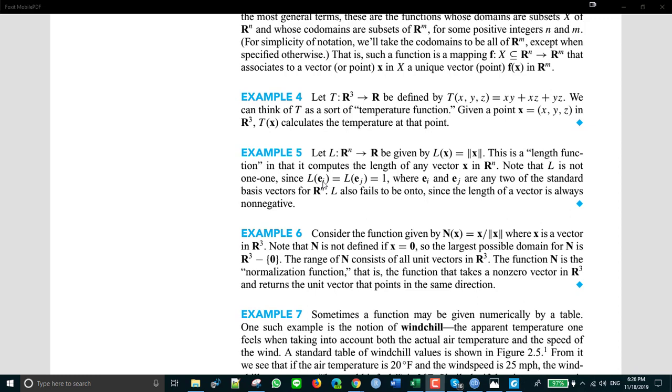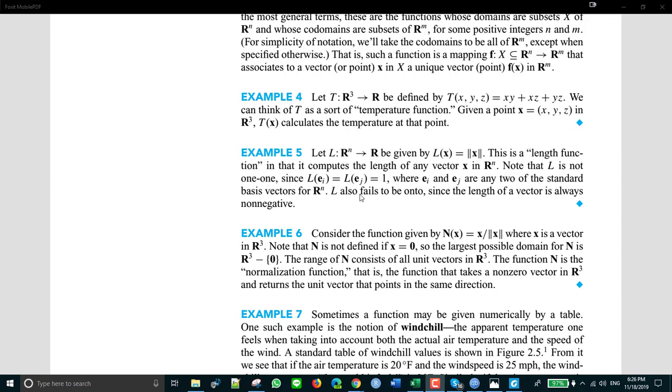Anyway, we just mean one of the unit vectors and another of the unit vectors, but the unit vectors' lengths are always 1. So we have that this and this both go to 1, but ei and ej are not the same. So that's not 1 to 1. We have two things going to the value 1. That's not allowed in terms of 1 to 1.